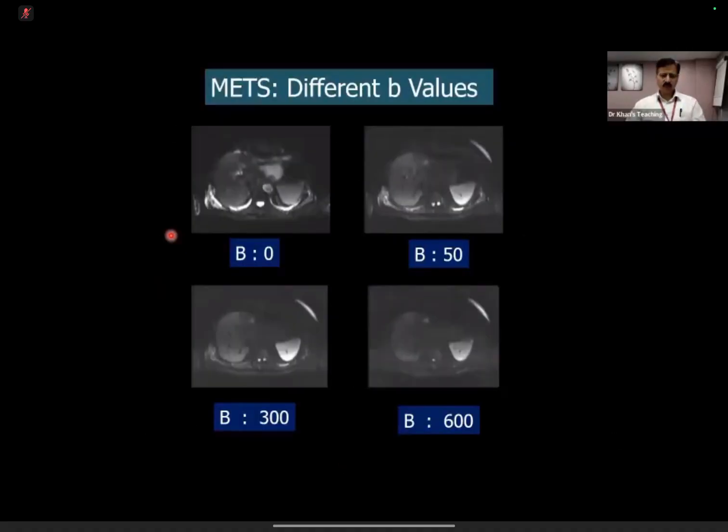This is a classical example of a metastasis in which the b values are slightly different: 50, 300, and 600. Basically what we do is, when we pick up a lesion on B0, we see it on B50, then 300, and then 600. If it is still bright on 600, then you call it restricted diffusion and this is metastasis.